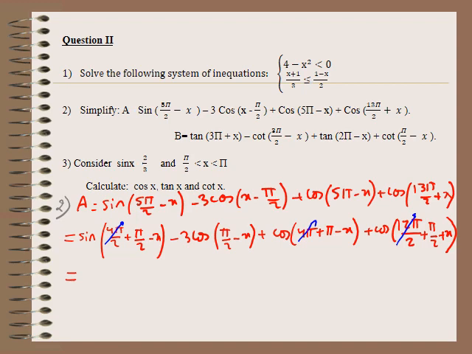So sine of pi over 2 minus x is cosine x. Minus 3 cosine of pi over 2 minus x, which is sine x, so minus 3 sine x. Cosine of pi minus x is minus cosine x.